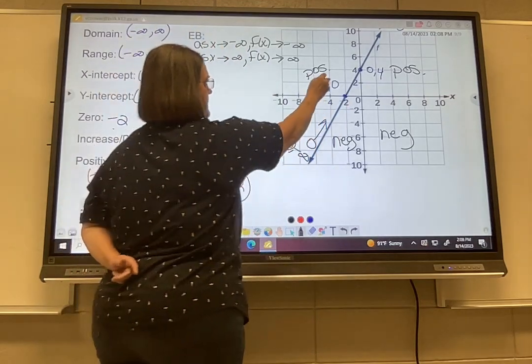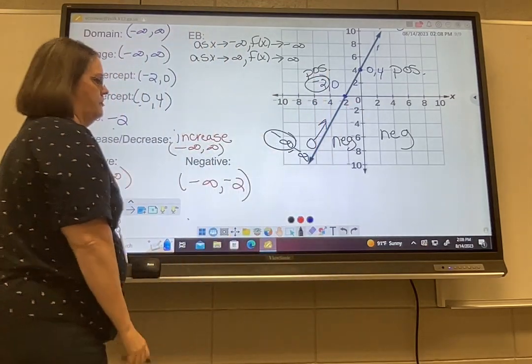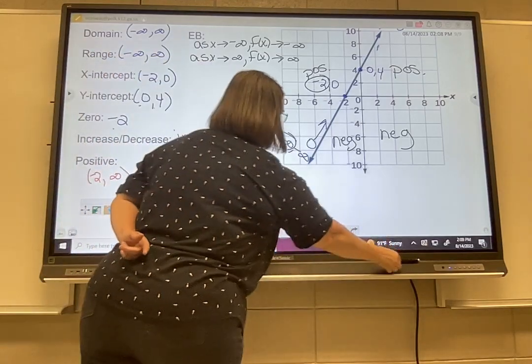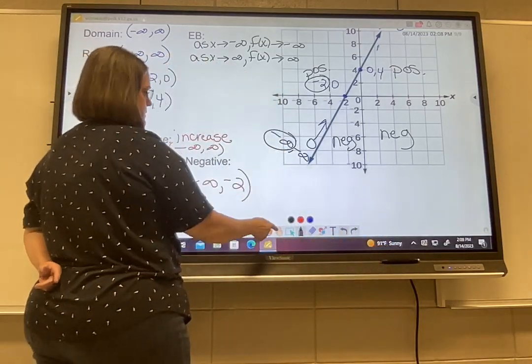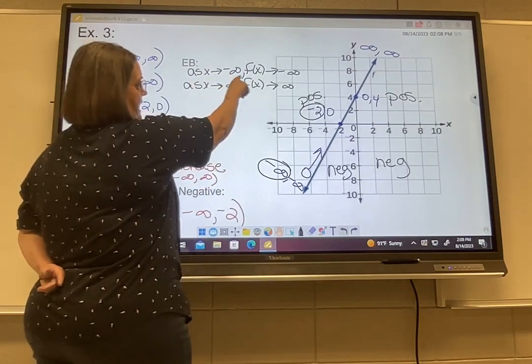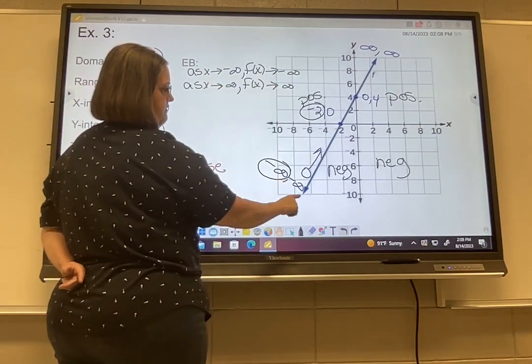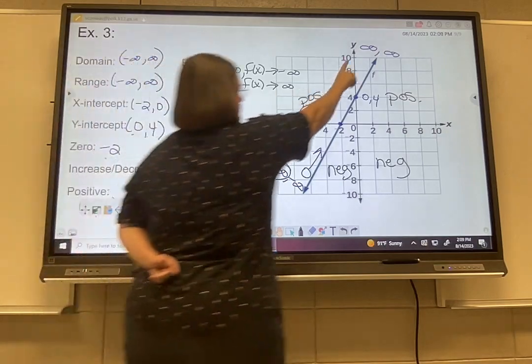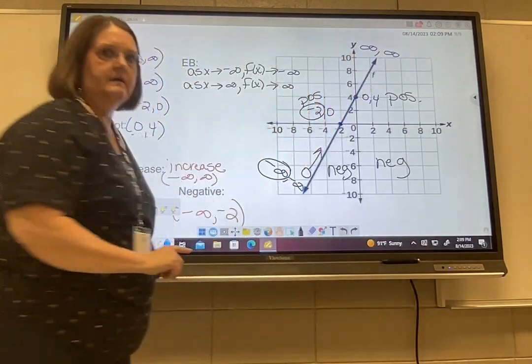And again, you're just reading the ends of the graph for end behavior. So all I have to do is read the ends. As x approaches negative infinity, what is y? It's negative infinity. As x approaches infinity, what is y? It is infinity. Thank you.